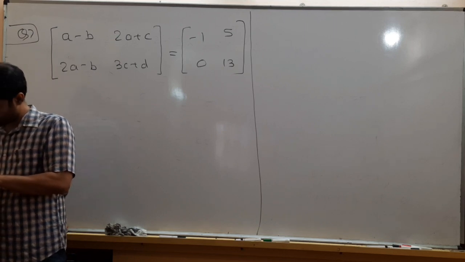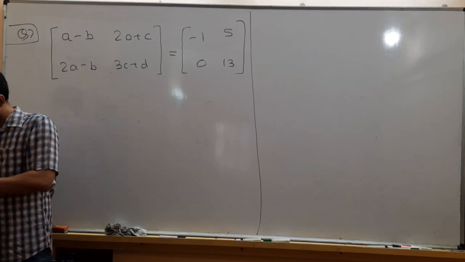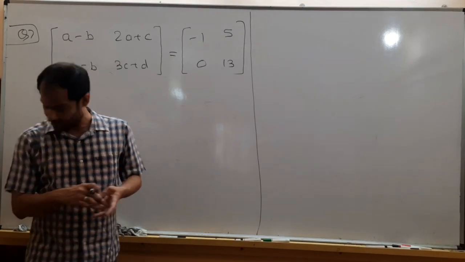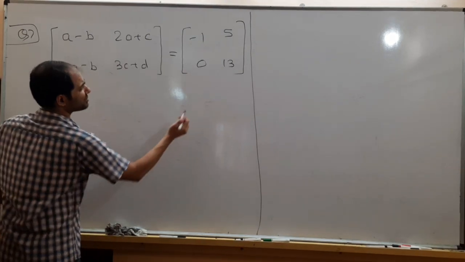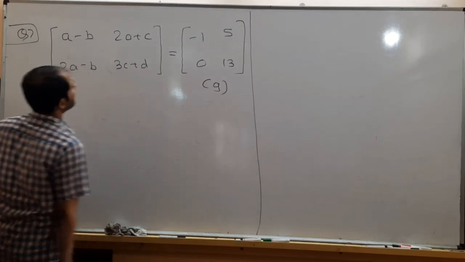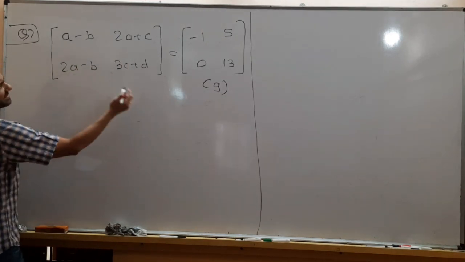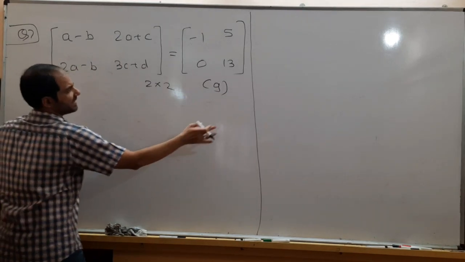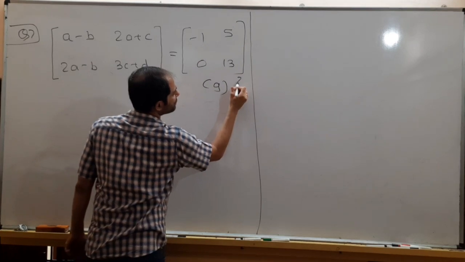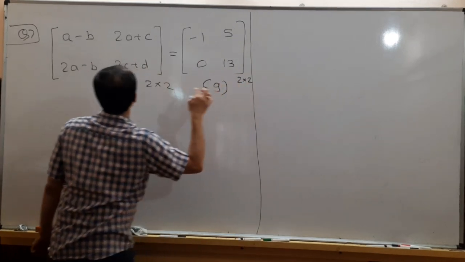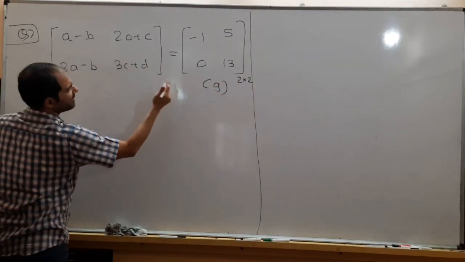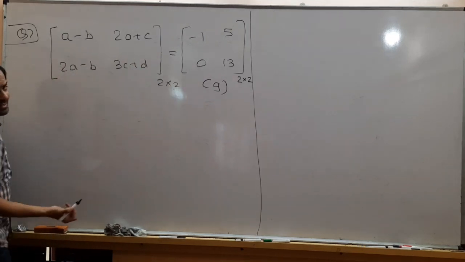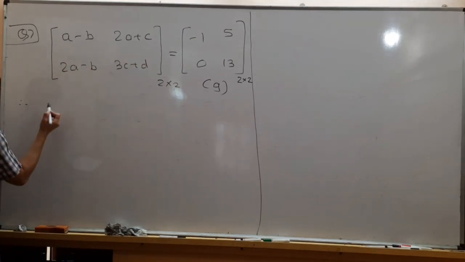Now since these two matrices are given as equal, this is a 2 cross 2 matrix and this is also 2 cross 2, and both of them are equal. So since two matrices are equal, we will equate the respective elements.